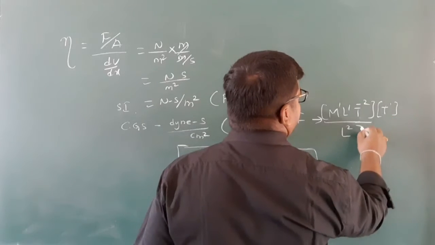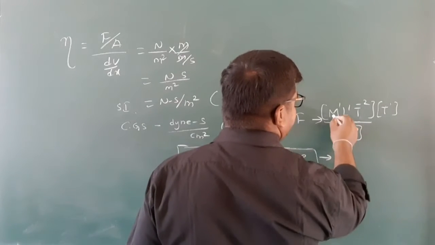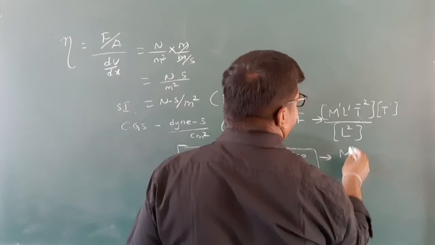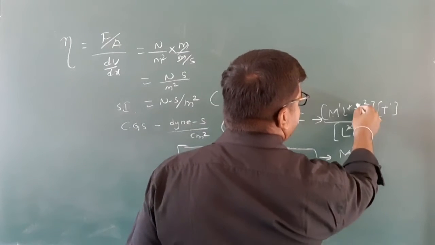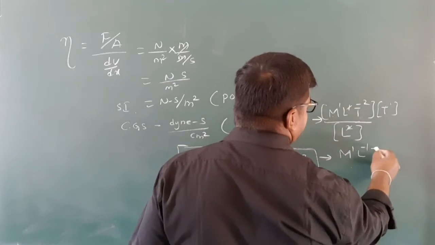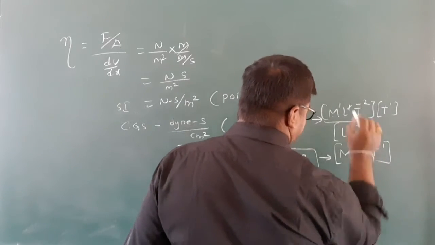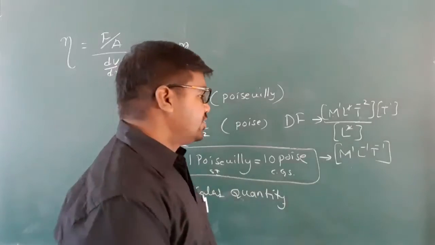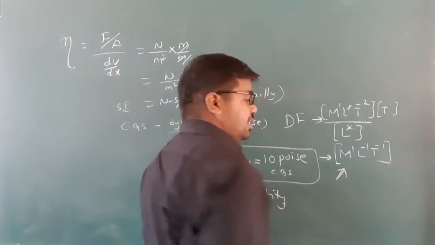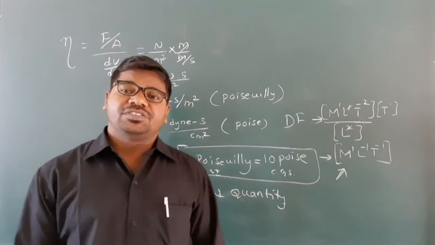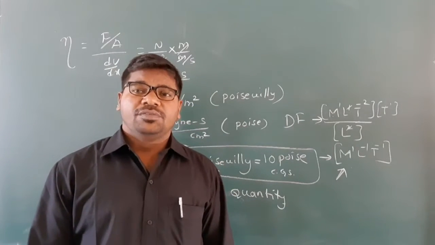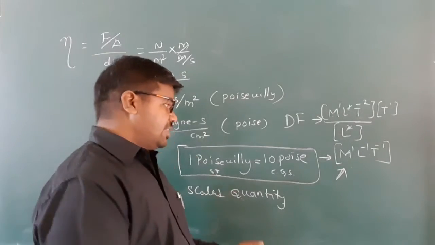By cancelling, M power 1, L power 1 gets cancelled. We get M power 1, L power minus 1, T power minus 2 plus 1, that is T power minus 1. So this is the dimension formula for coefficient of viscosity.